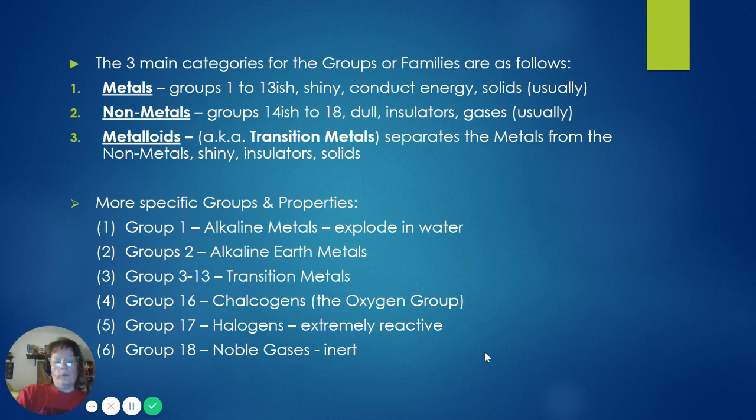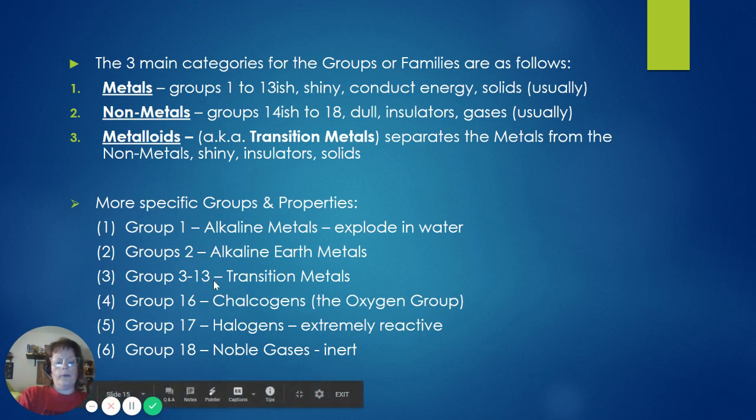Non-metals are the groups between 14-ish and 18. You kind of have that little section that's kind of like merging together, so that's why I put the ish there, but we'll come back to that in more detail. So non-metals, they're dull, they're insulators, they're usually gases. And then you have the metalloids, also called the transition metals, and they separate the metals from the non-metals. They're also shiny, insulators, and usually solids.